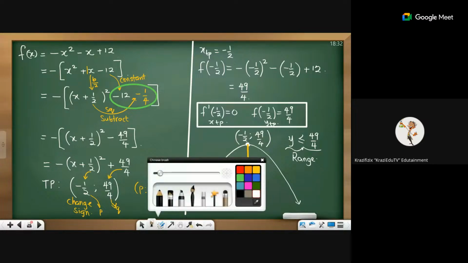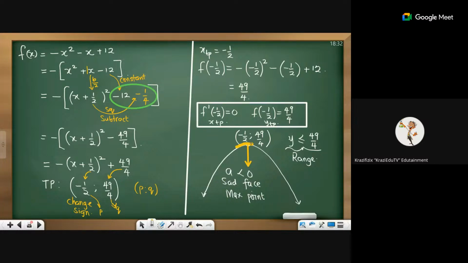Where the graph is turning, there's no value on top, so the maximum is here and downwards, less than. So you take the y value of the turning point. And always remember the shape of the graph.